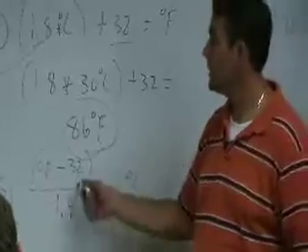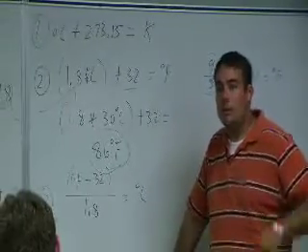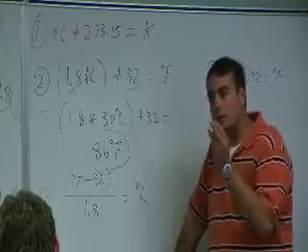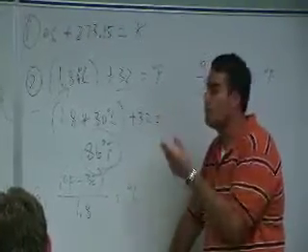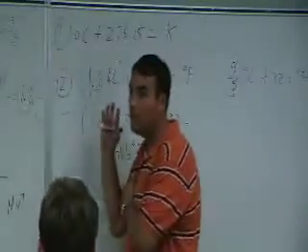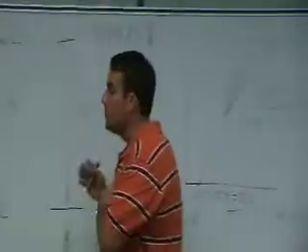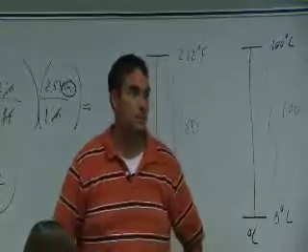What did I do? I just algebraically rearranged that. So these two equations, the first two, will get you back and forth between anything. Now you might have to algebraically rearrange something, but they will get you back and forth between all of your temperature scales.